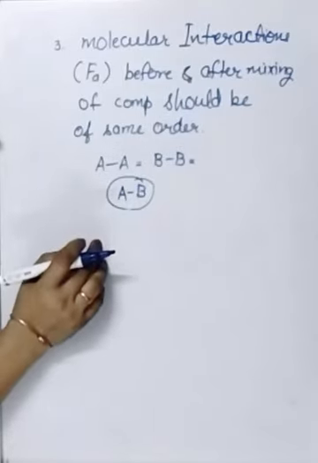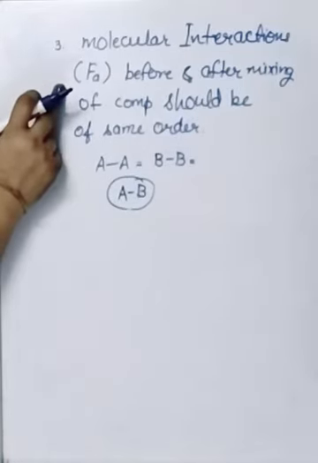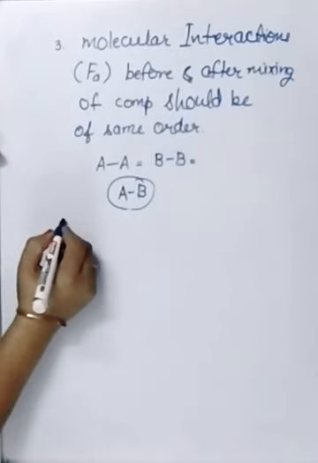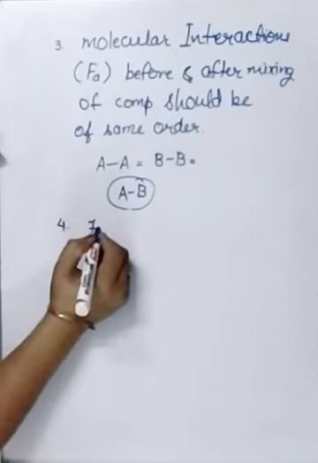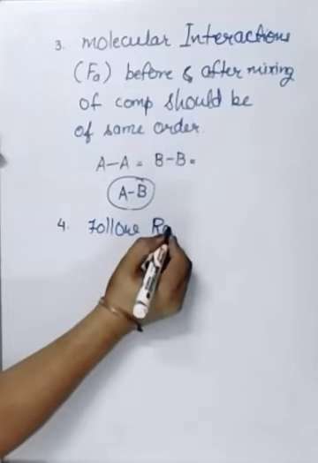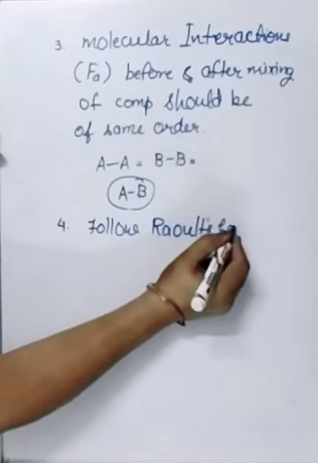So those which follow Raoult's law must have molecular interaction before and after mixing of components of the same order. Last but not least, they follow Raoult's law. If they follow Raoult's law, then what should be there?